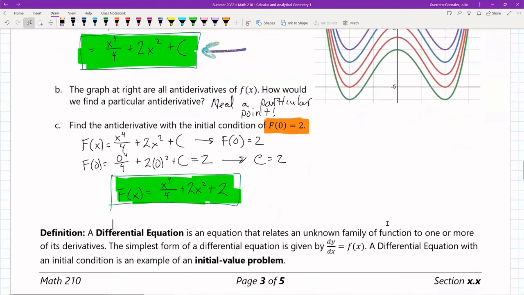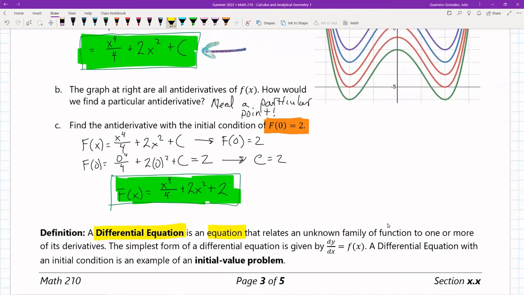So this brings up a really big portion of study in mathematics. It is the basic idea of a differential equation. A differential equation is an equation that relates an unknown family of functions to one or more of its derivatives.